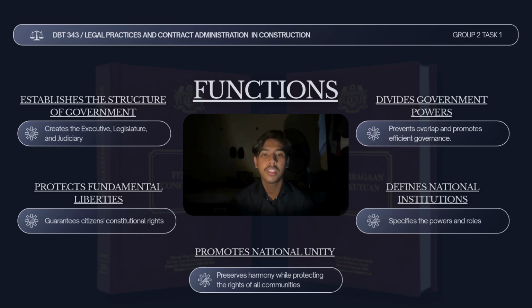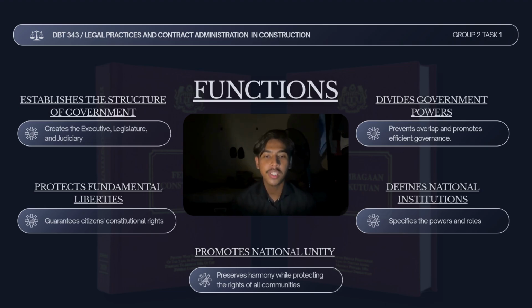Now, I will explain the main functions of the Federal Constitution. First, it established the structure of the government by creating the executive, legislature, and judiciary. It clearly defines their powers and responsibilities. Second, it divides powers between the federal government and the state government through the federal list, state list, and concurrent list. This helps avoid conflicts and ensures efficient administration.